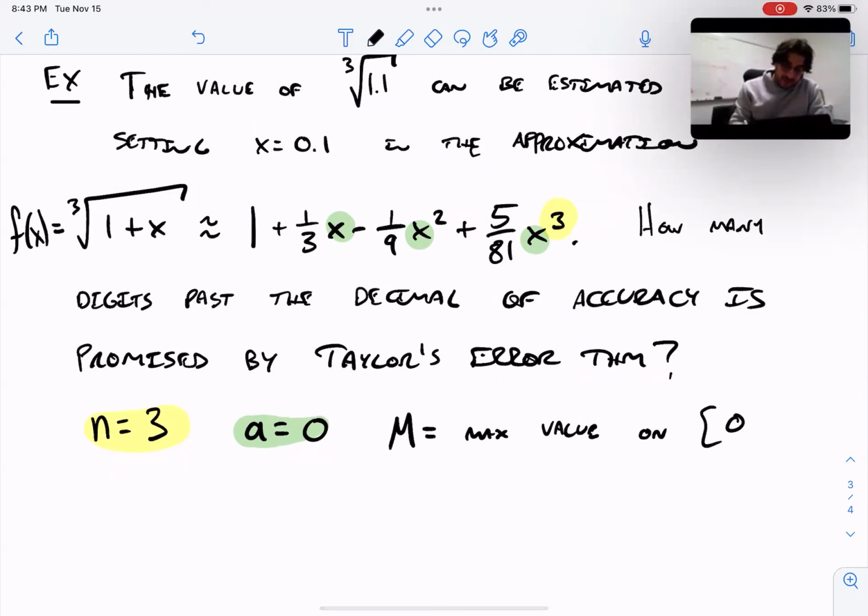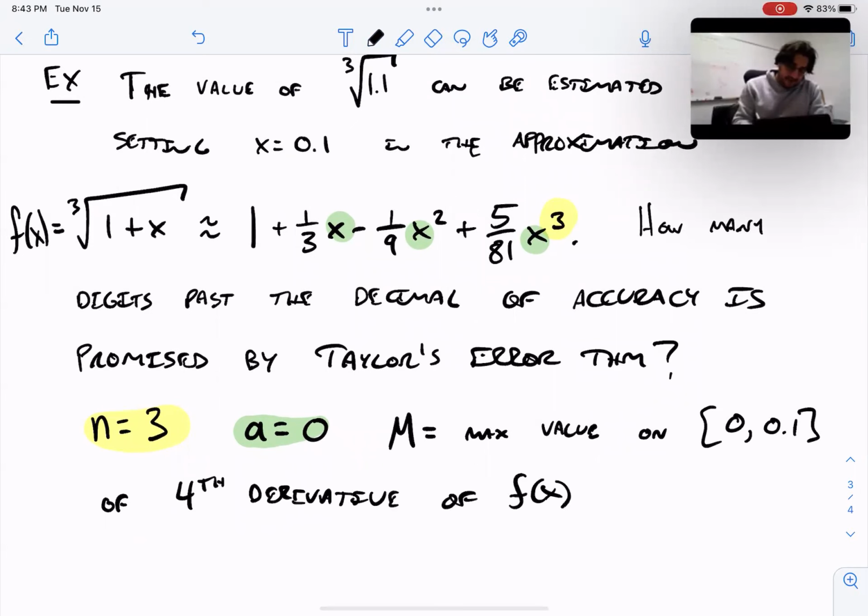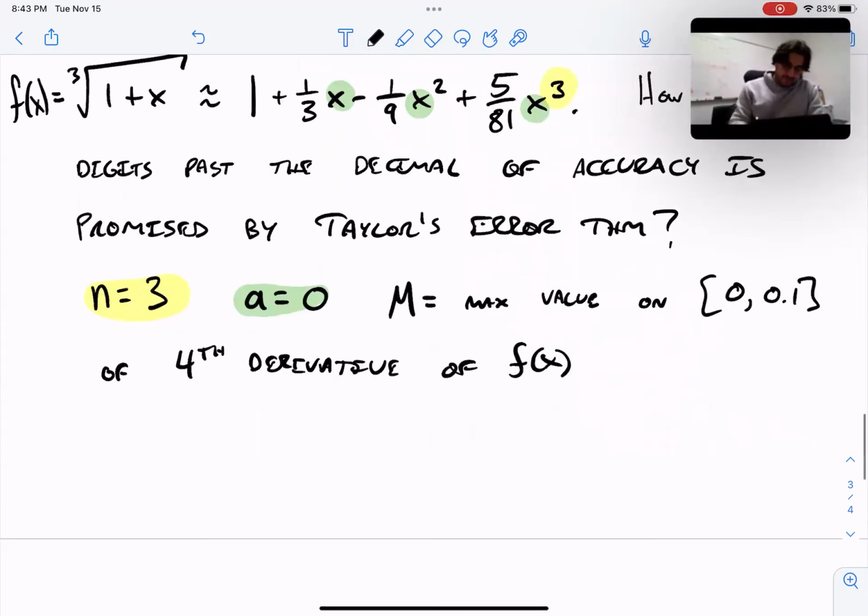It's between a and x, so between 0 and 0.1, of the fourth derivative, because it's n plus 1, of f. That's how we get M.